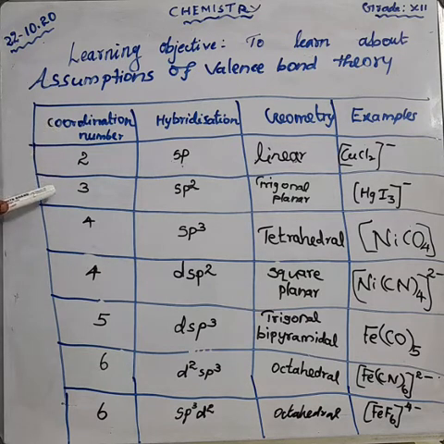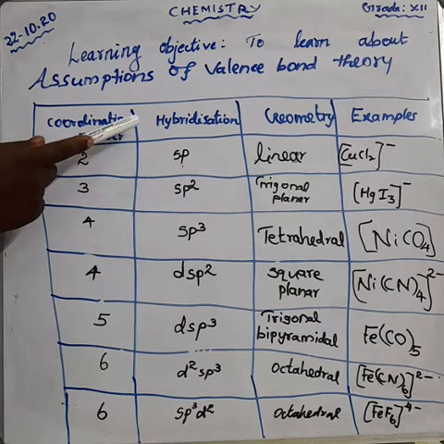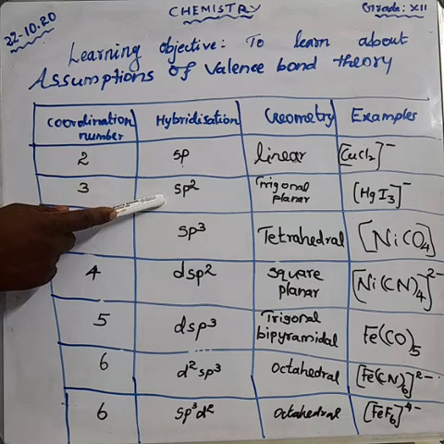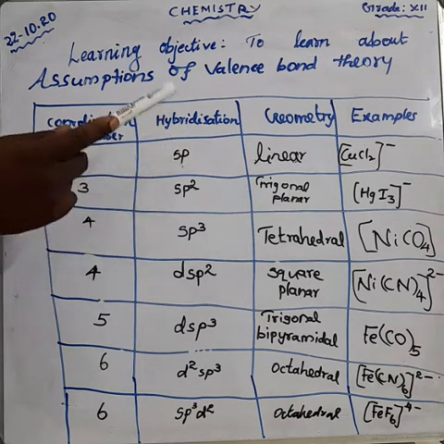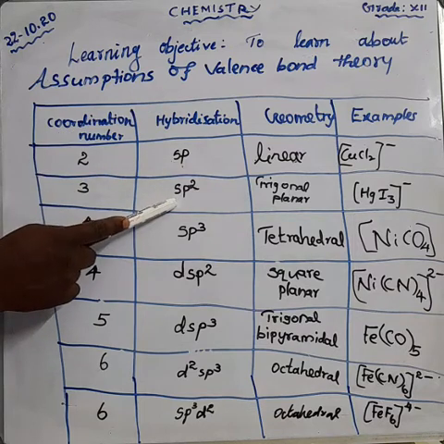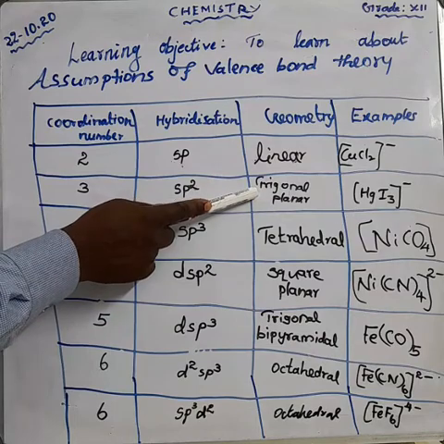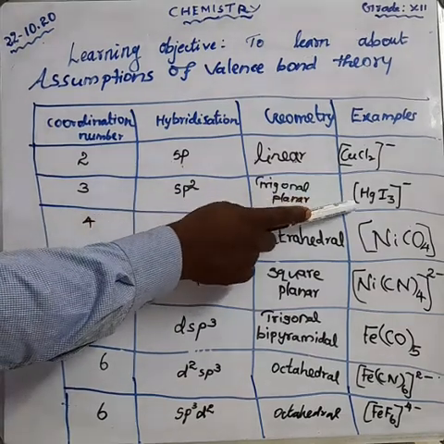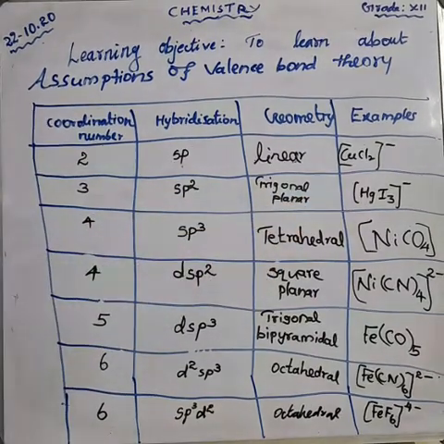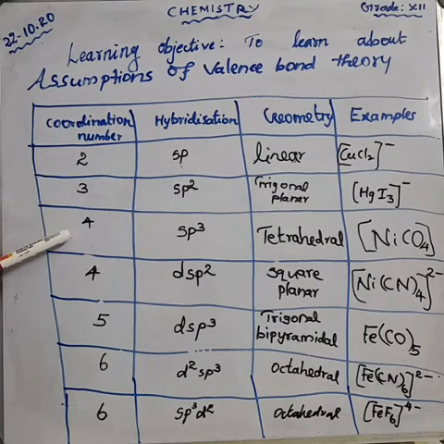What is the second one? Suppose the coordination number is 3. What is the hybridization? sp2 hybridization, and the geometry is trigonal planar. What is the example? HgI3 minus. Next one, coordination number 4.